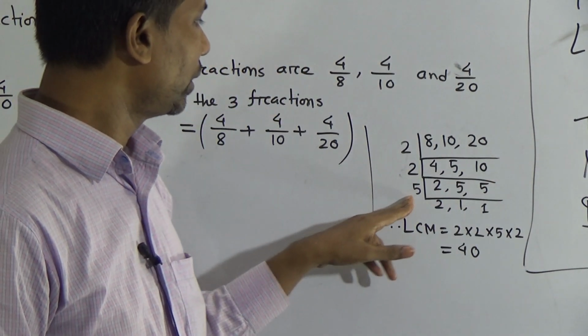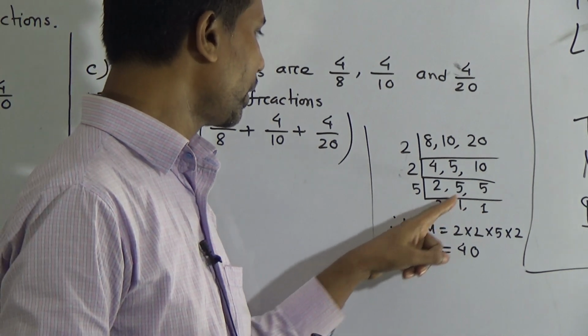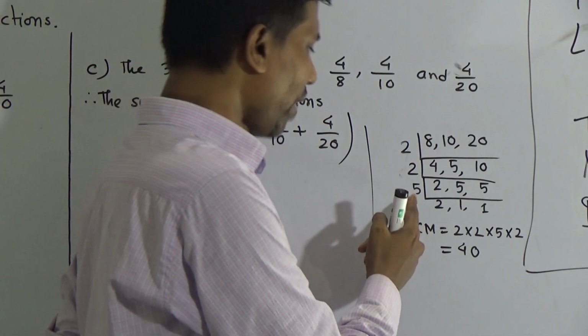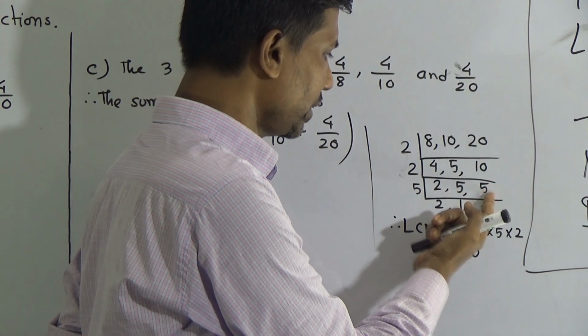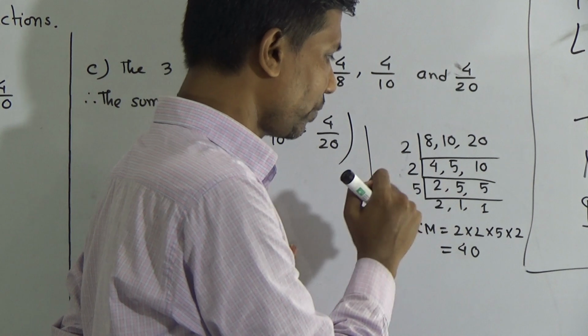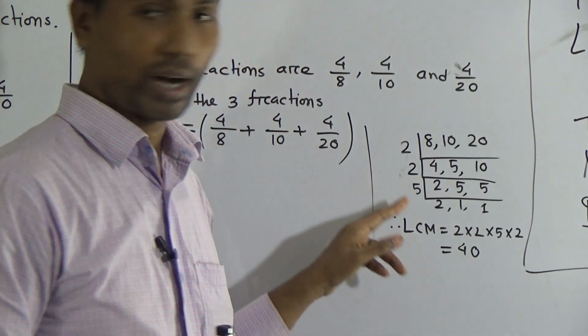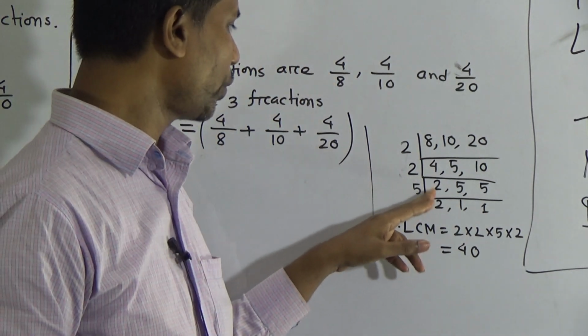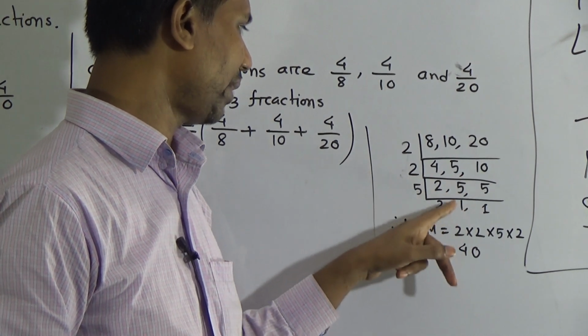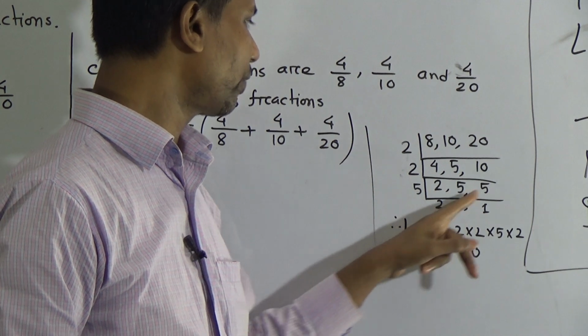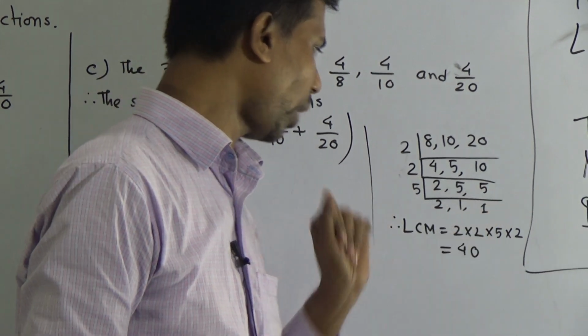Now here at least 5 is the common factor. You see, this is divisible by 5 and this is divisible by 5, so we have to select here 5. Now 2 is not divisible by 5, so 2 is remaining same. 5 divided by 5, then you get 1. 5 divided by 5, then you get 1.